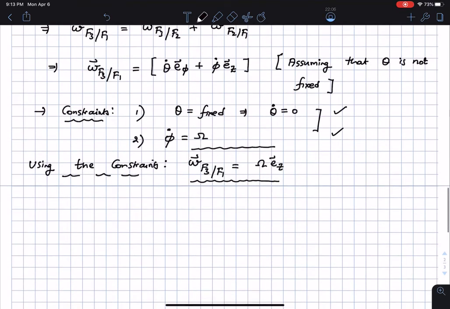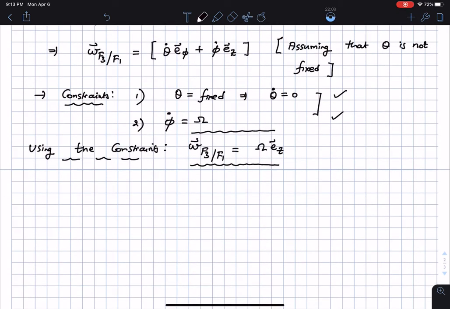Now we have to decide whether the constraints that we have are holonomic or non-holonomic, but before that we need to set up configuration coordinates and so on. So what are our configuration coordinates? Configuration coordinates are the total number of coordinates which are used to locate the position of this particle or this bead in the absence of any constraint.